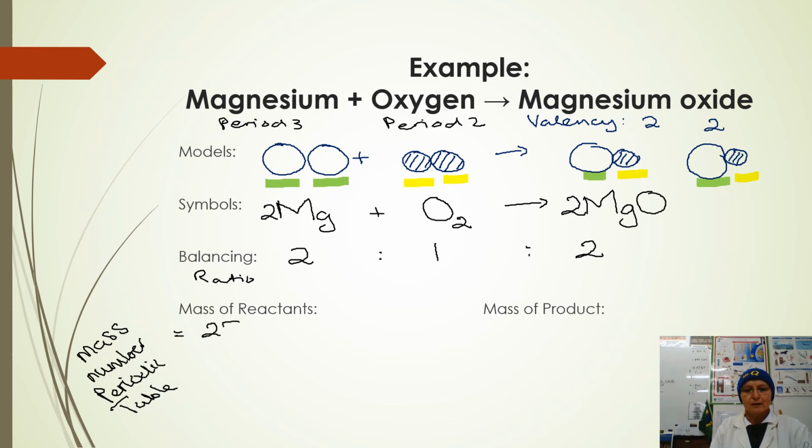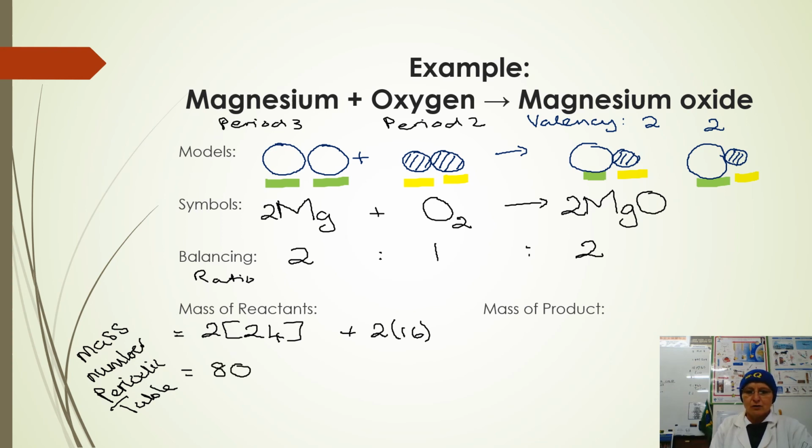So the mass of two magnesiums will be 2 times, and the mass of one magnesium is 24. 2 times 24 plus we have oxygen, but there are two atoms of oxygen, so it's 2 times 16, the mass number of oxygen on the periodic table. So 2 times 24 is 48, and 2 times 16 is 32, so 48 and 32 is 80.